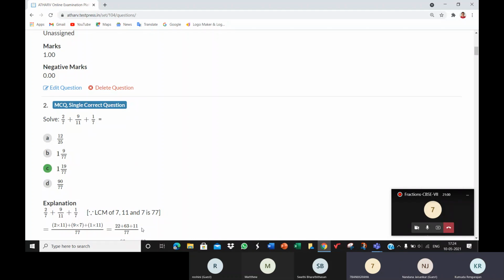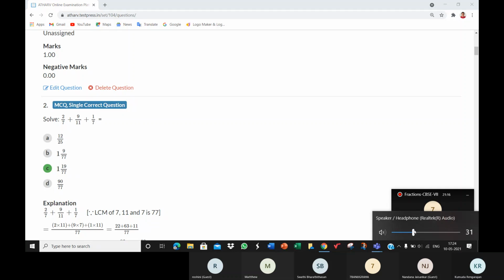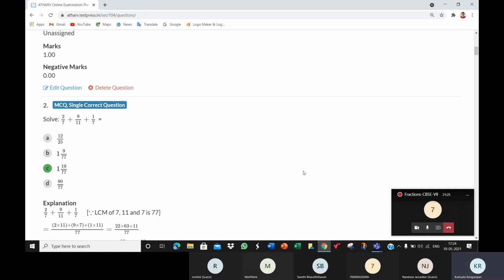What is the sum of the numbers in the numerator? What is 22 plus 63 plus 11? 96.